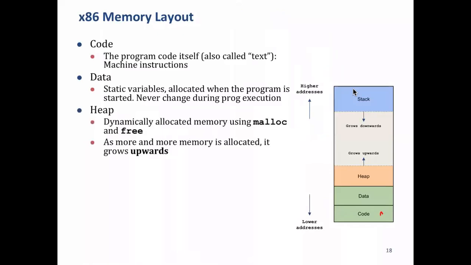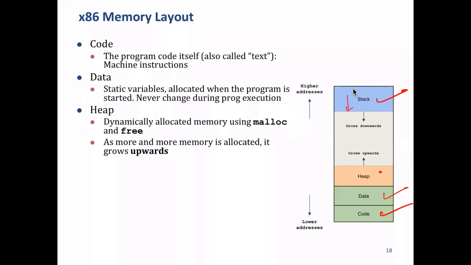We have the code segment where machine instructions corresponding to the program go. Data is where static variables, like global variables, go. Then we have the stack. Stack corresponds to local variables. Like in a program, you define various integer, floating point variables, or structs, or whatever. All those are created here.